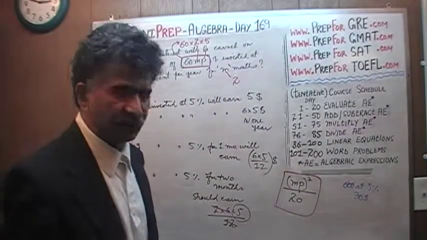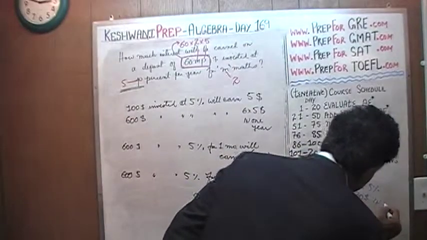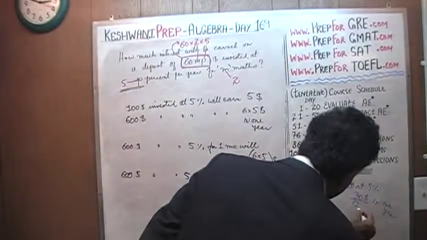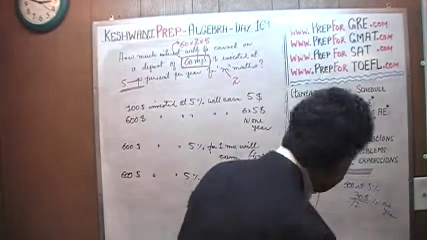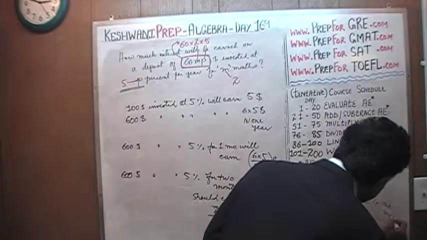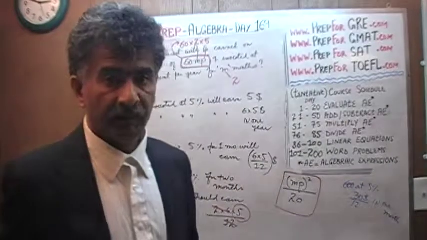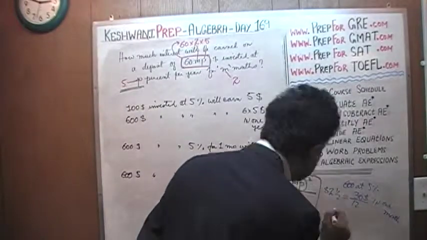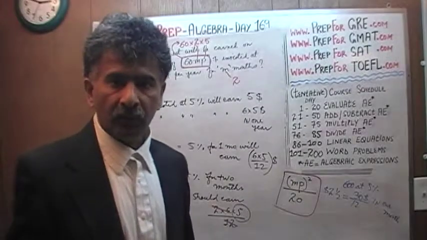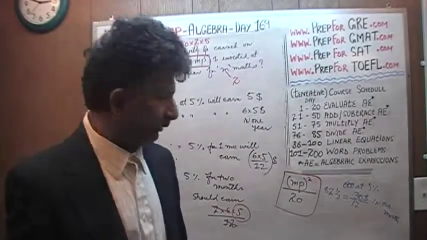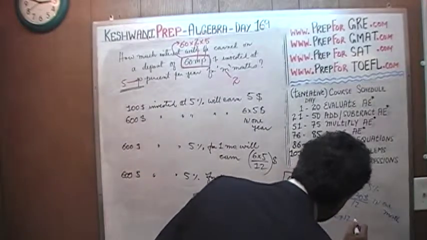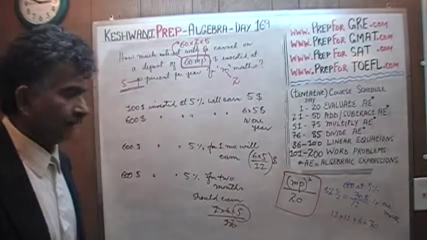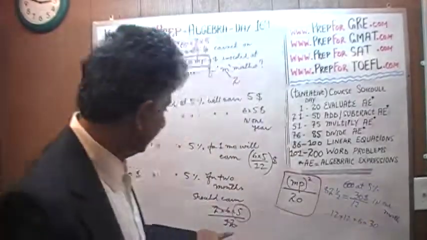If it gives $30 in 1 year, then we should earn 1/12 of that in 1 month. $30 divided by 12 is 2.5, because 12 plus 12 plus 6 equals 30. So 30 divided by 12 is 2.5. That's in 1 month. Therefore, in 2 months we will earn $5.